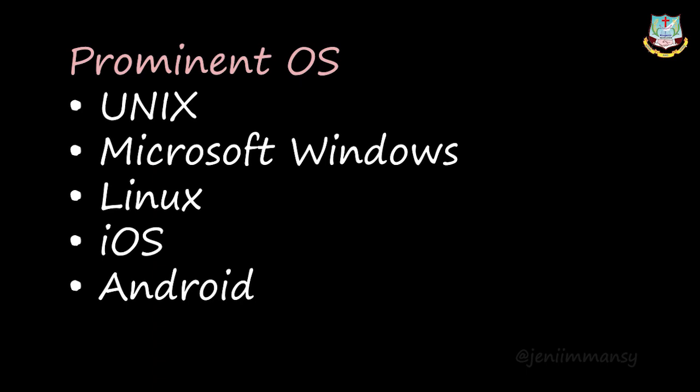Normally in our college, school and all, if you are using the system there, Microsoft Windows operating system will be there. If you are using an Android phone, you will have an Android operating system. If you are using an iPhone, it will have iOS, right? And for some particular purposes, you will be using Unix or Linux operating systems also.